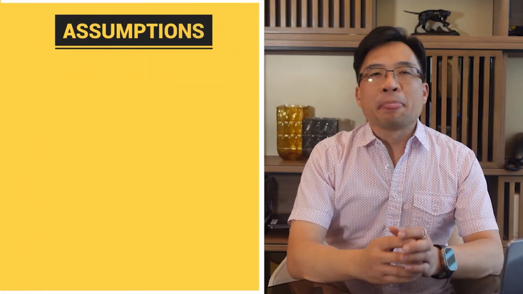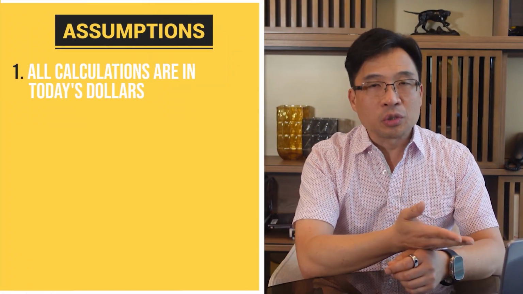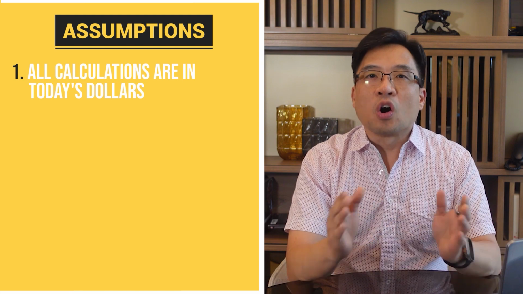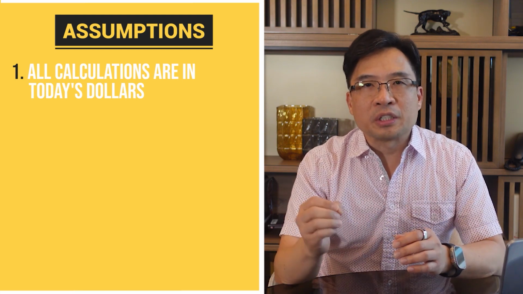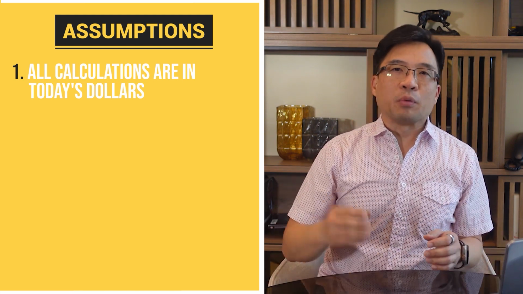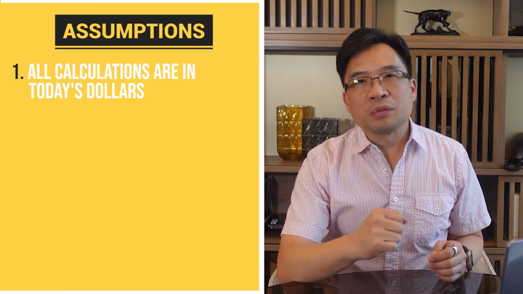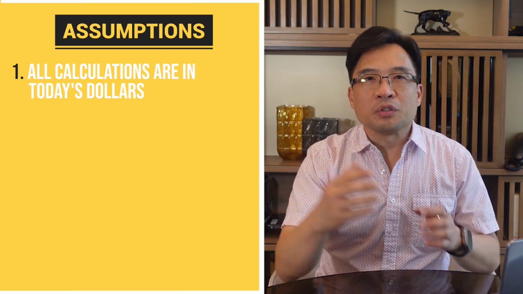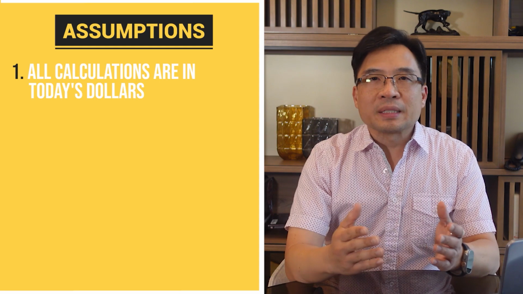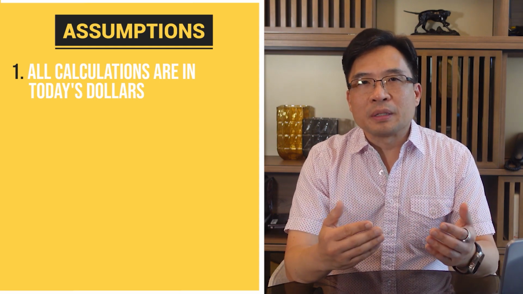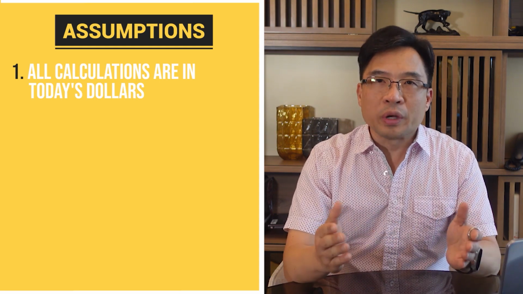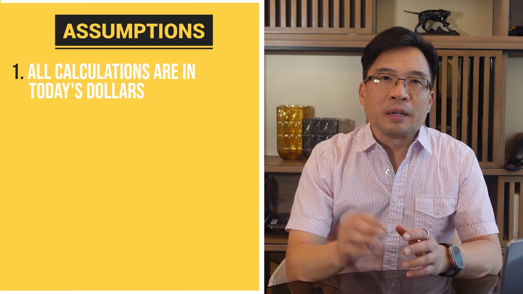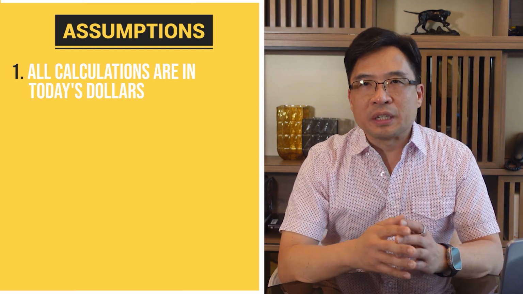First, in order to make this calculation simple, I'll make some simplifying assumptions. Number one, all calculations that I'll be showing in the Excel spreadsheet today are in today's dollars, unless I mention otherwise. This means that we'll assume that you are adjusting for inflation when looking at dollars in the future. For example, when I say that the return on investment of the portfolio is 7% real returns, it means the return after inflation.